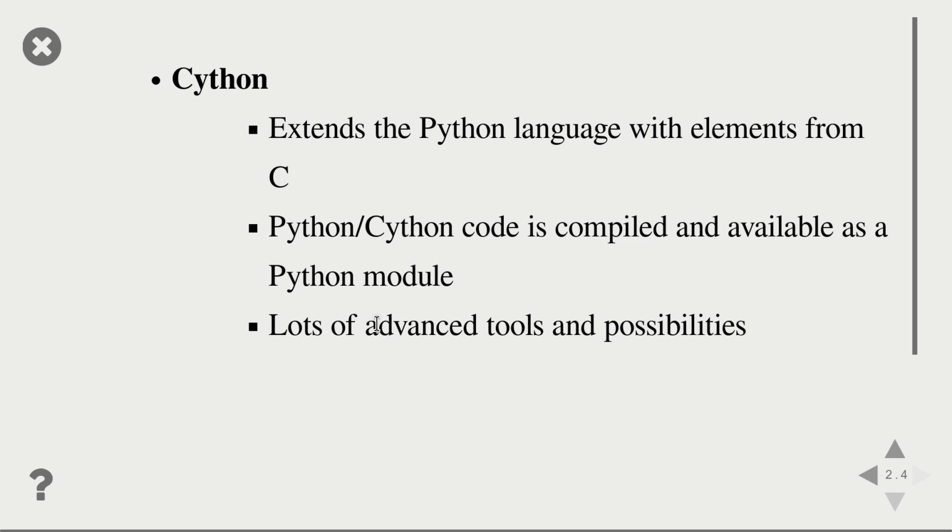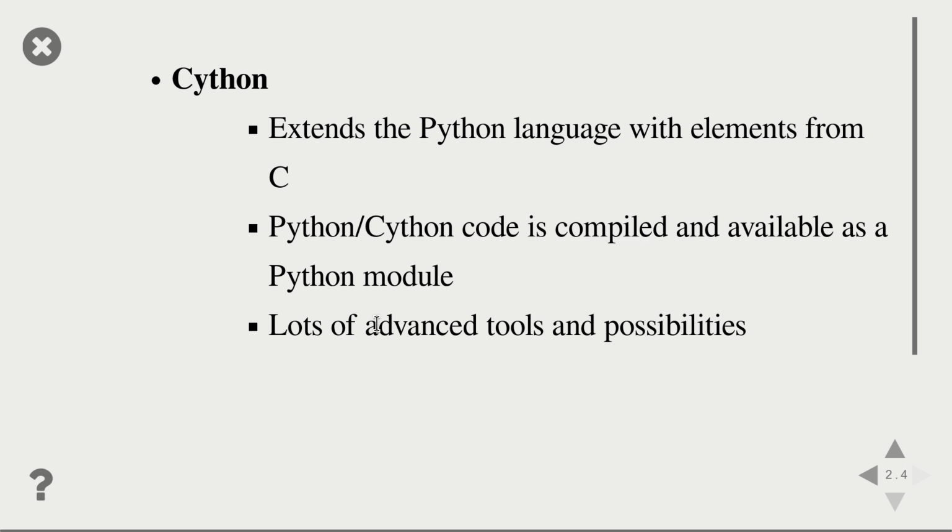The first is called Cython. What Cython does is it's an extension of the Python language. It adds additional keywords to Python and it adds a compiler to Python. So when you write a program in Cython, you can add types, for instance, and you can also compile this Cython program, and you get a module that you can load in Python.